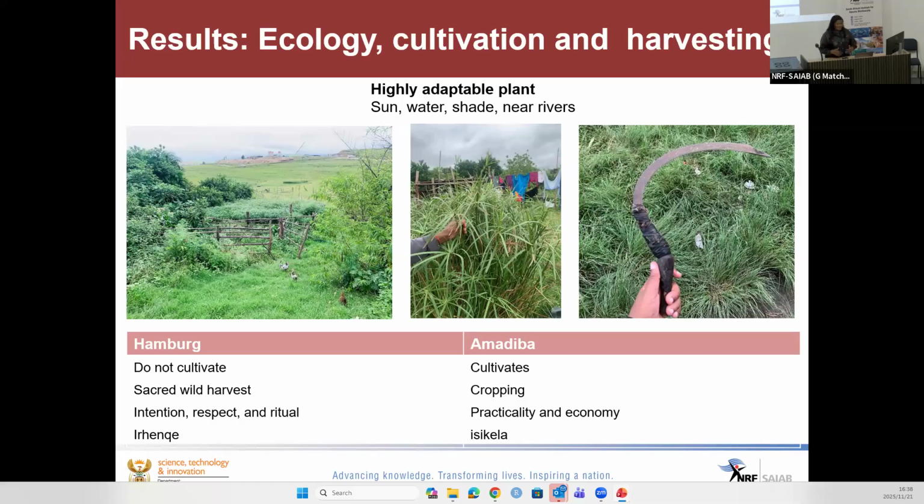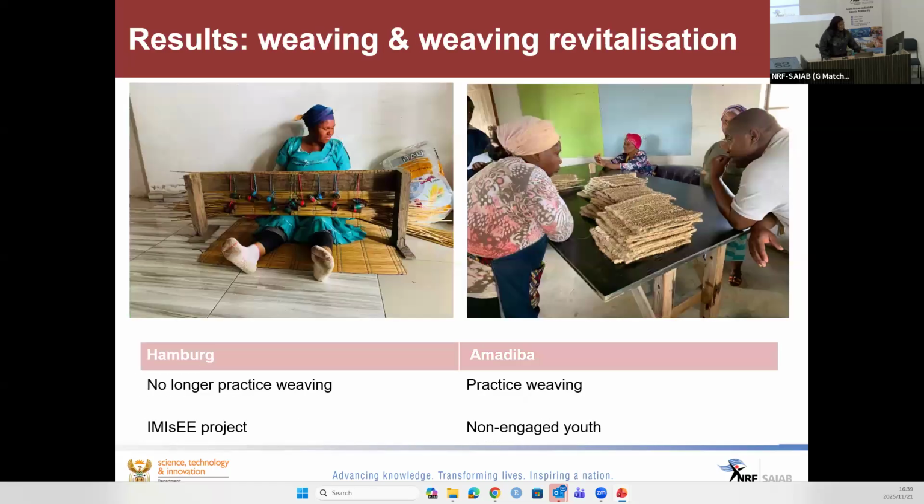In Amadiba, they just harvest when they can, because their harvesting is associated with practicality and economy. In terms of weaving, in Hamburg, they no longer practice weaving. They only practiced weaving when the imizi project came to them. Some could weave, some had to learn during the project.